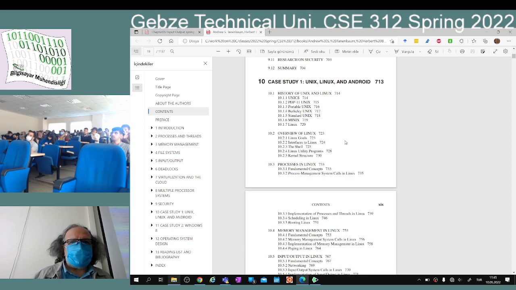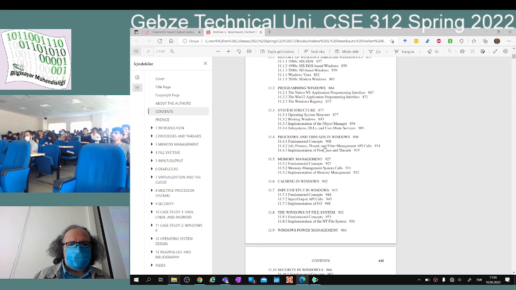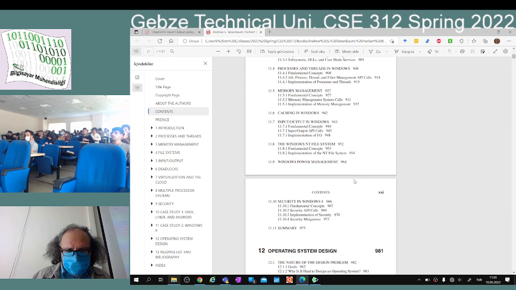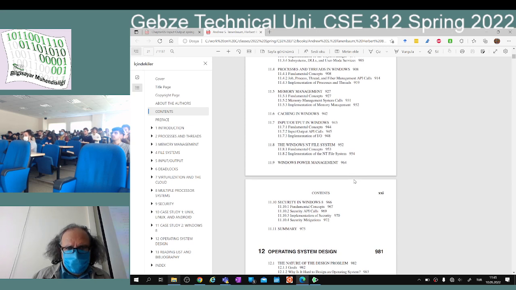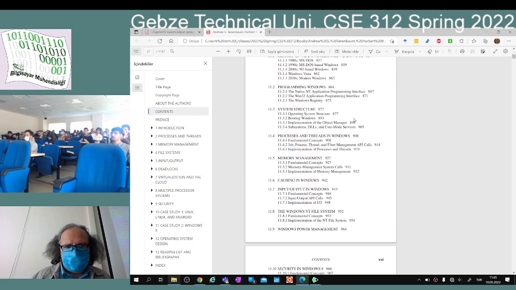And I suggest you read this case study stuff, Unix, Linux, and Android, and Windows. So how the things are done with these operating systems. For example, you just click on this, okay, processes and threads and etc. Let's see in Windows, where is security, input, output, caching, memory, where are the file systems?